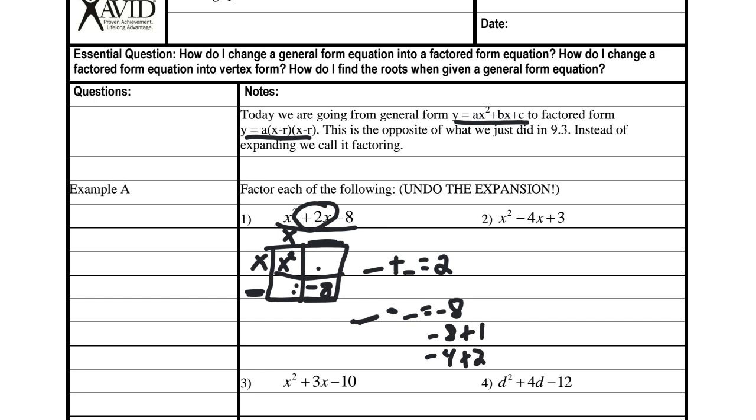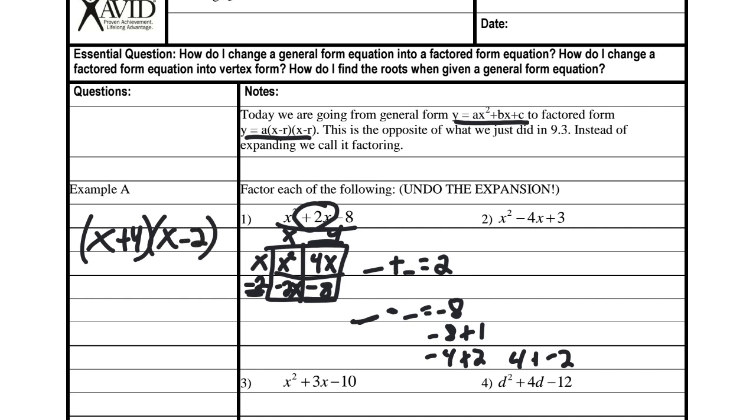But if I flipped my signs around and got 4 and a negative 2, that still multiplies to negative 8, but now it adds to 2. So then I would know that this has to be 4x, and this has to be negative 2x. So then that would be 4, and that would be negative 2. So then my final answer would be x plus 4 and x minus 2.